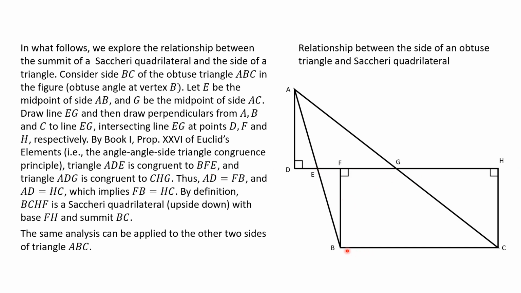And then for each point in the triangle, we drop a perpendicular down to this line EG. So you see from A, we draw a perpendicular down to EG, and it intersects at the point D. And then from B, we draw a perpendicular upwards towards the line EG, and it intersects at F. And then finally, we draw a perpendicular from C to the line EG, and it intersects there at H. So we have these three right angles.